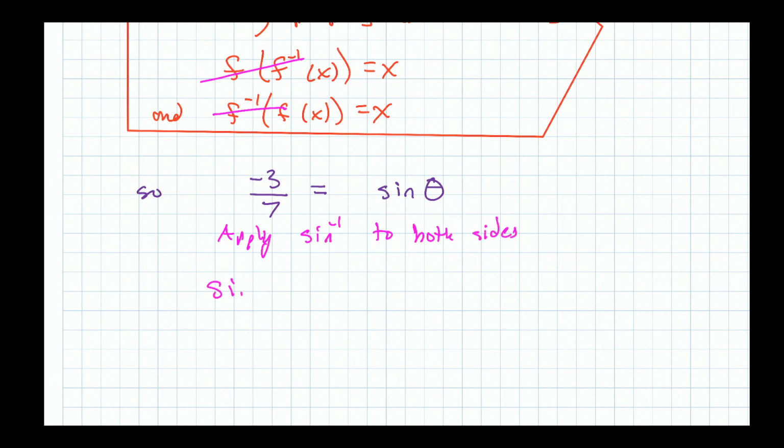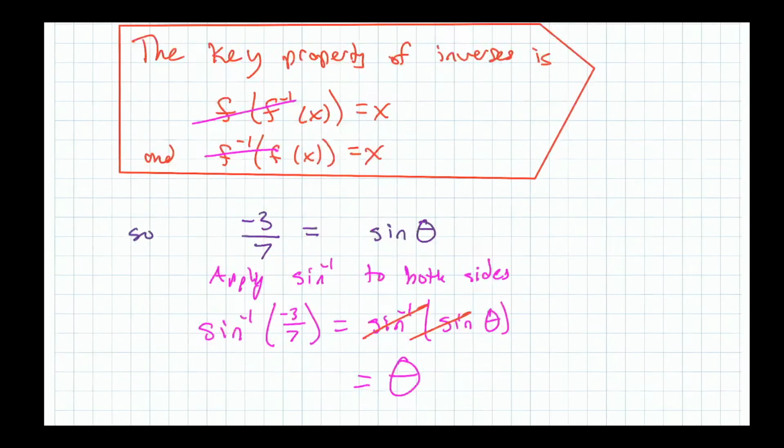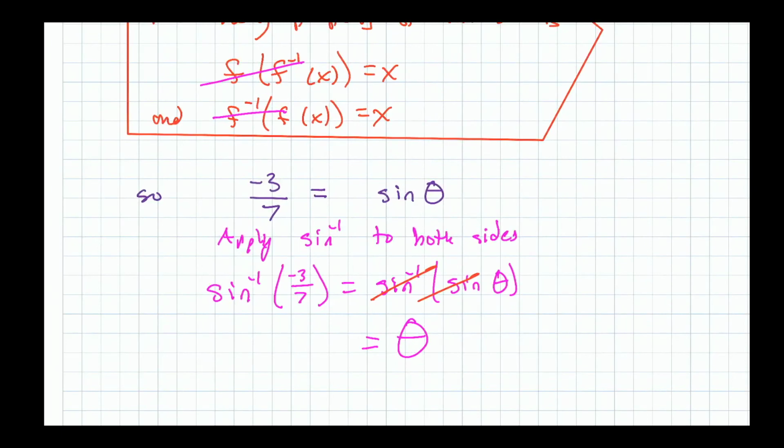So you're going to get sine inverse -3/7 equals sine inverse sine theta, right? So we just put a sine inverse on each side. But on the right-hand side, look at that. A sine inverse and a sine. They're just going to cancel. So you're going to be left with just a theta, right? Due to that key property of inverses. The inverse sine cancels out the sine.